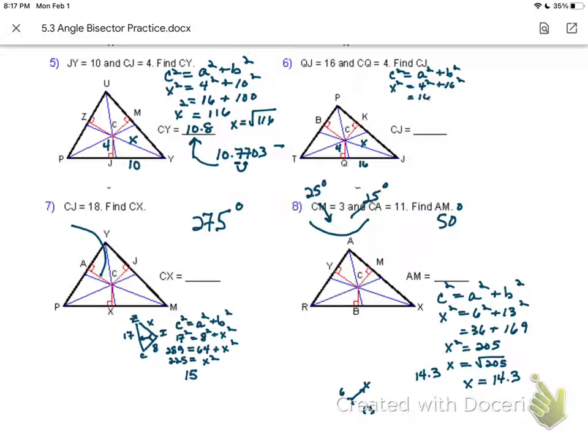That's going to be 16 plus 256, so plus 16 equals 272. So x squared equals 272.